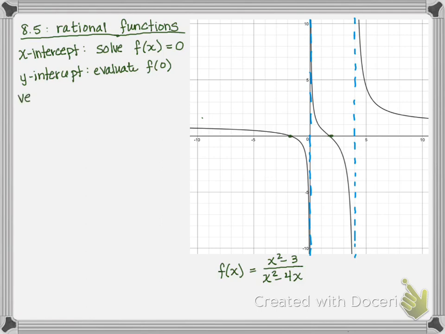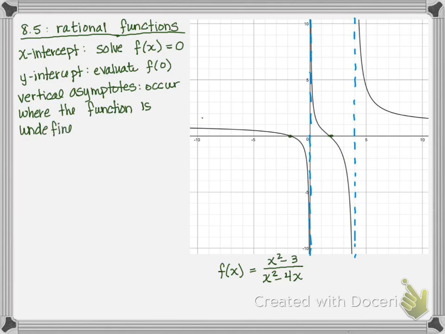So vertical asymptotes occur where the function is undefined, also known as where the denominator equals 0.